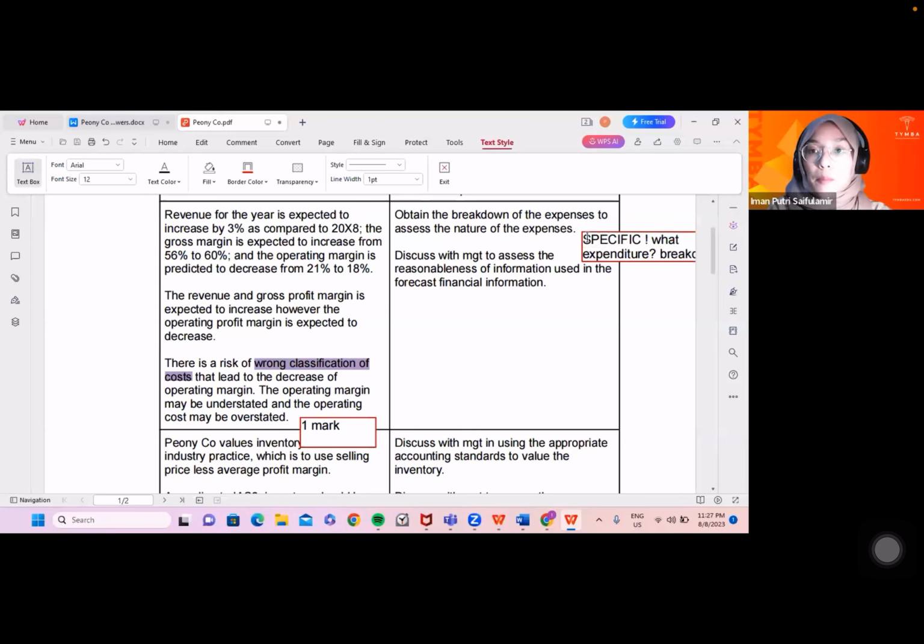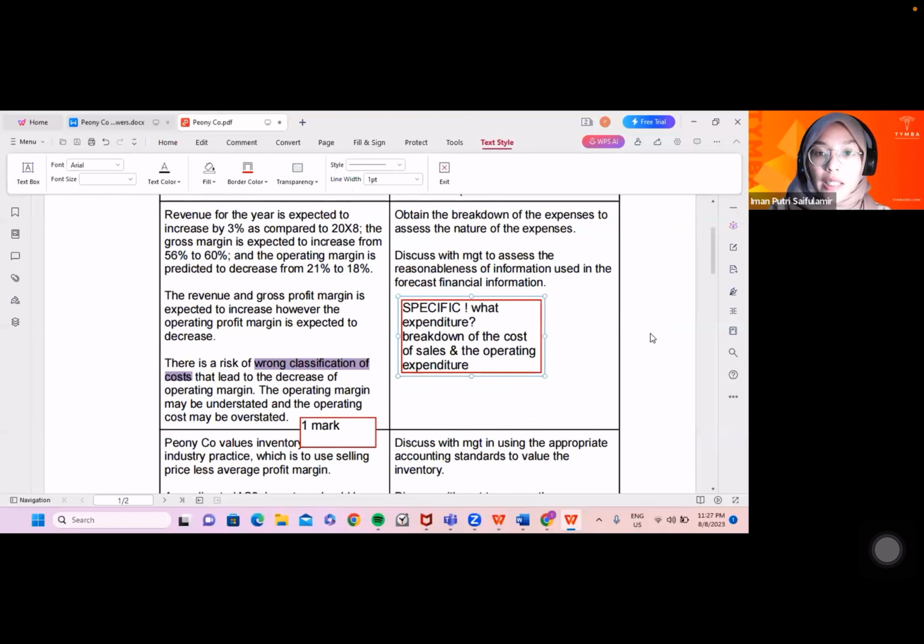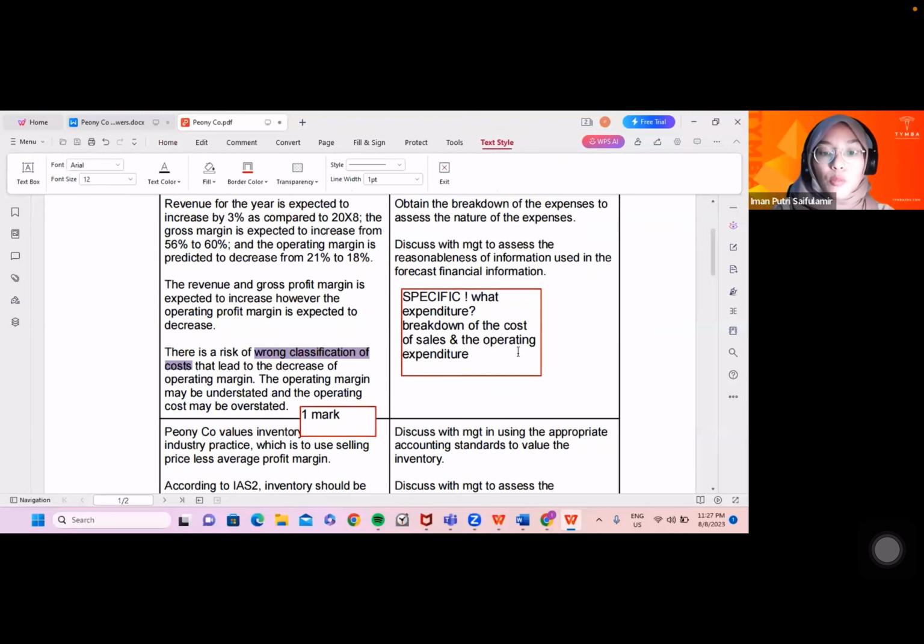We want to obtain a breakdown of the cost of sales and the operating cost, operating expenditure. And then we want to assess the nature, or basically confirm that it is classified correctly. So here it is 0.5 marks because I think that you were not very specific.